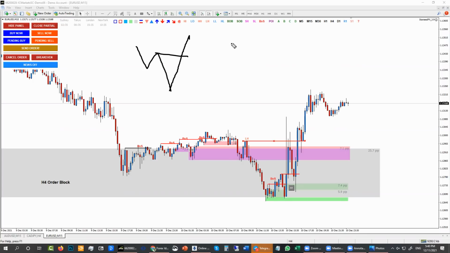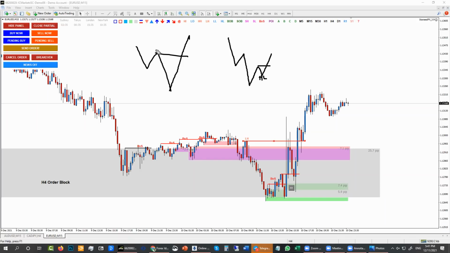But on the other hand, I think I said it in the last video, sometimes it's like this, right? It doesn't break this one, but there is another one that breaks it. That's what I said in the video, which is the same as the other one. So this is a higher low, and it makes a breakout and becomes a higher high. This is a valid pattern for reversal.